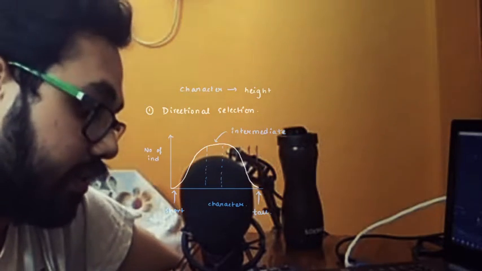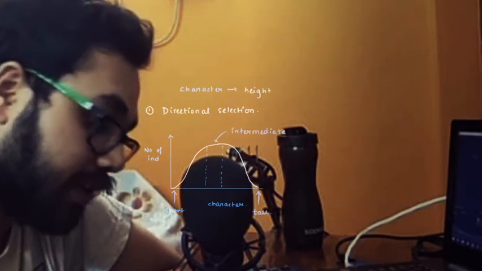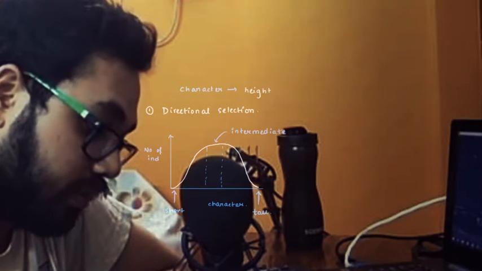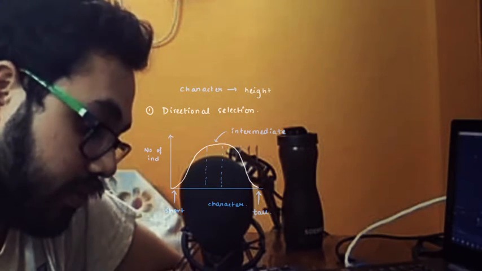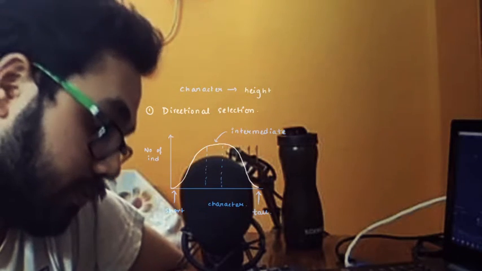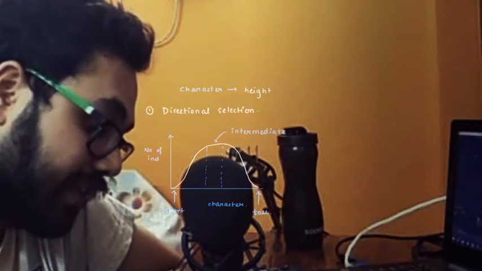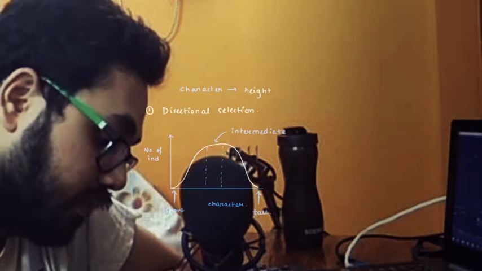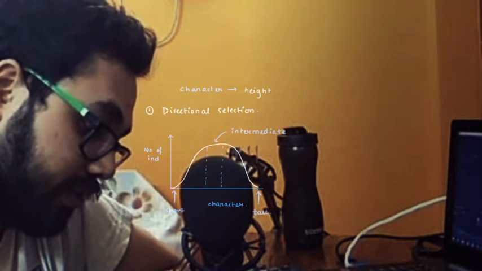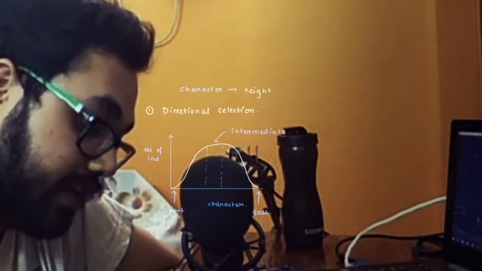Now let's say a selection pressure is provided by nature that selectively eliminates either the short-heighted people or the tall-heighted people.